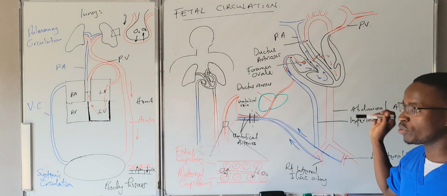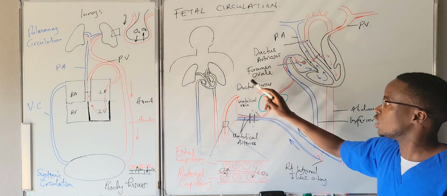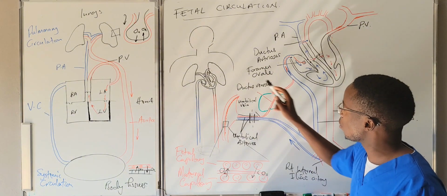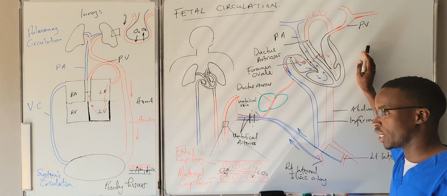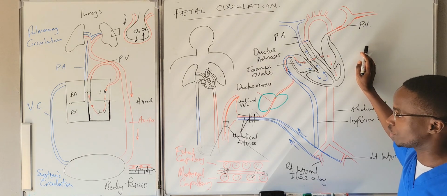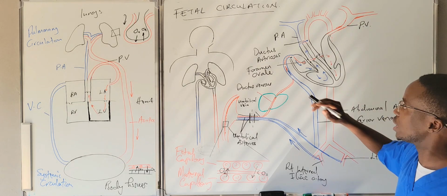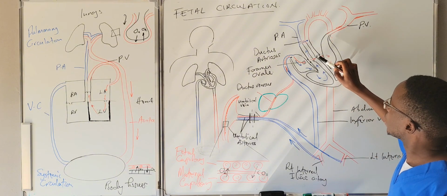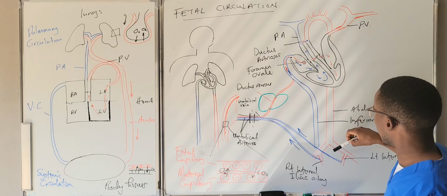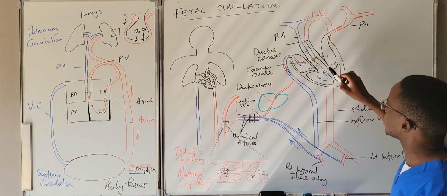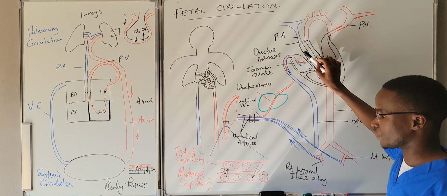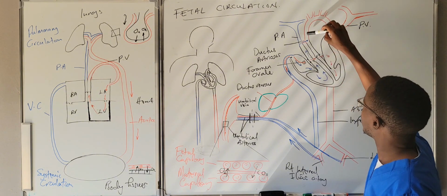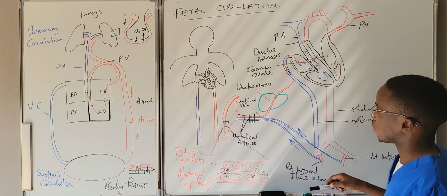If it was too big, then it is going to result in what is called a patent foramen ovale, even after intrauterine life. So, because of that resistance in the aorta and in the umbilical arteries, blood is now able to pass to the aorta and then comes down like that.